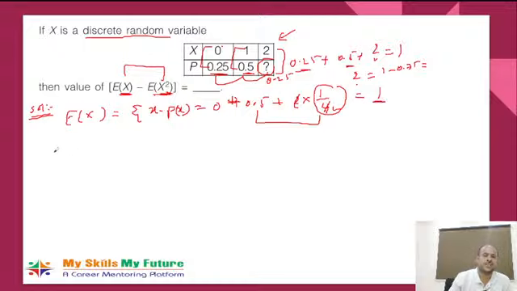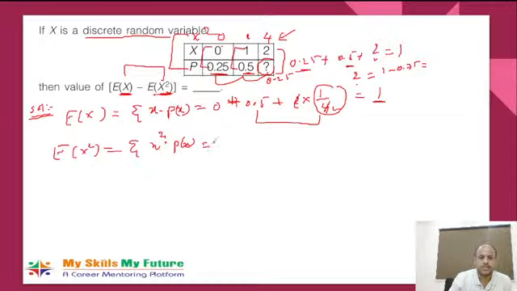So the E of x value is 1. In the same way, how to calculate the mean of x square? It is simply sigma x square into p of x. So the square of x: 0 square is 0, 1 square is again 1, but 2 square is 4. These are the x square values. Now in the same way, multiply the x square values with the corresponding probabilities p.